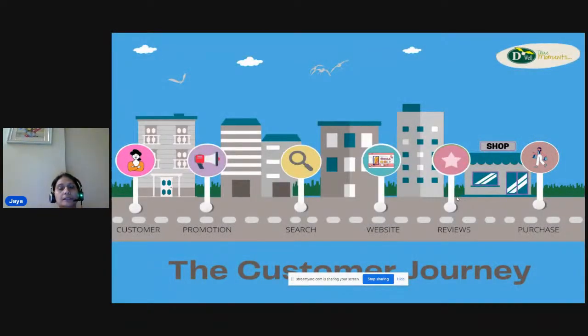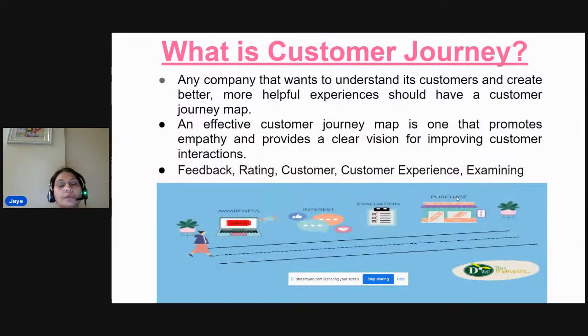So, my first slide covers what a customer journey actually is. Customer journey is basically a set of interactions. If I go with the book definition, it is a set of interactions that a customer has with the brand as well as with the process of buying that particular product or service.